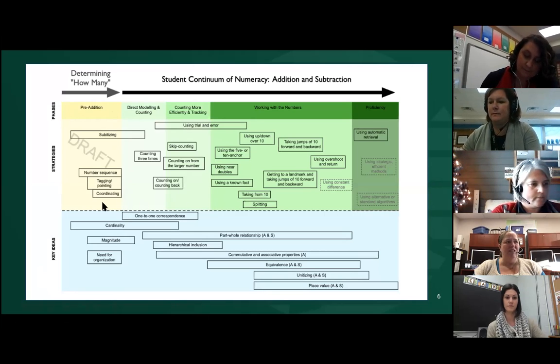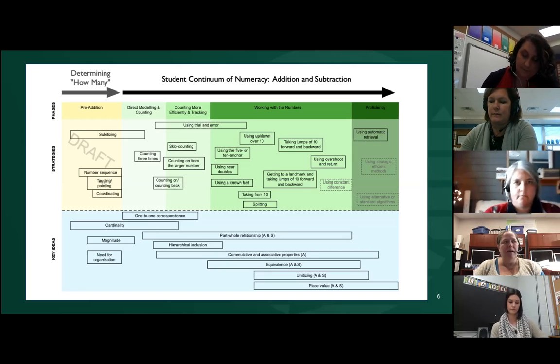But in this series, we're actually going to be looking at this pre-addition continuum, because when we were out presenting the material on the continuum of addition and subtraction, lots of teachers asked us, well, what happens if they can't yet add or count? And so that's where this addition to the continuum comes from.